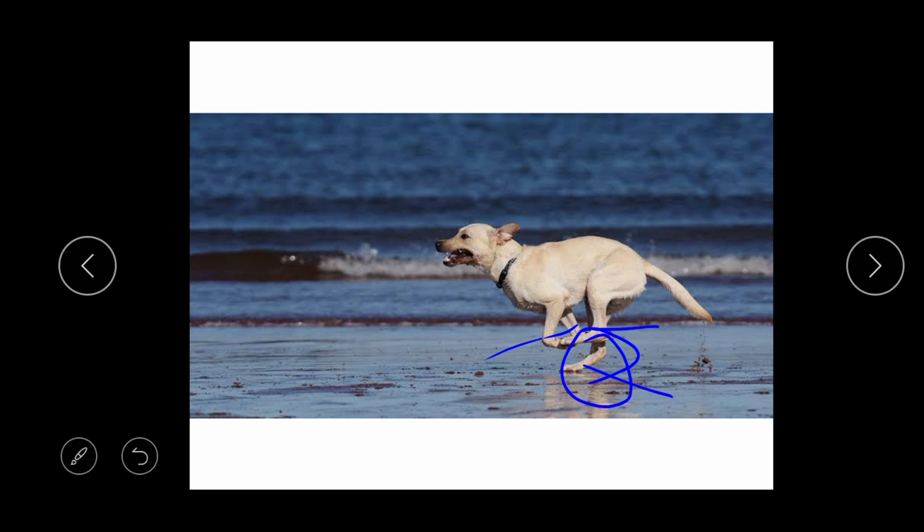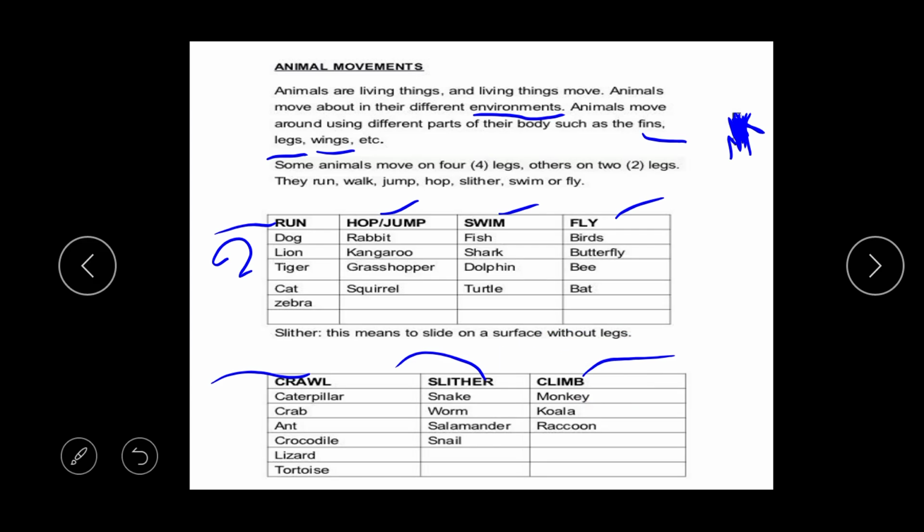Animals that can run are dogs, lion, tiger, cat, zebra.